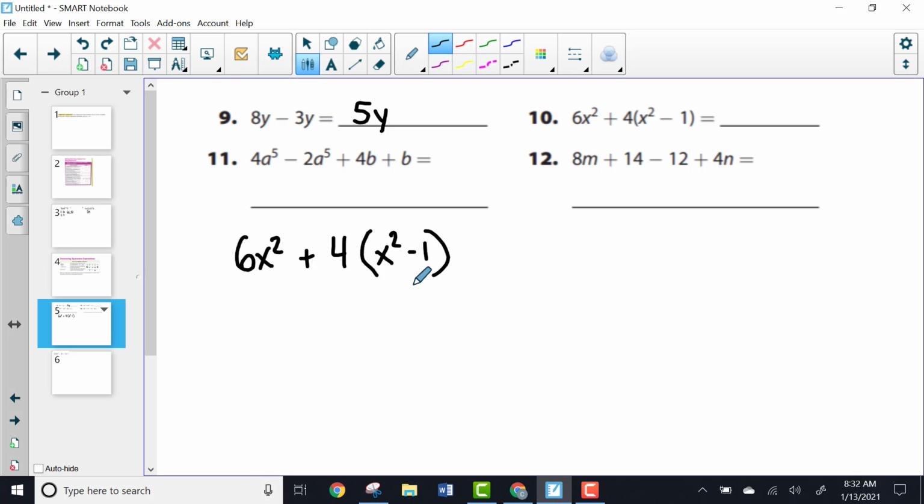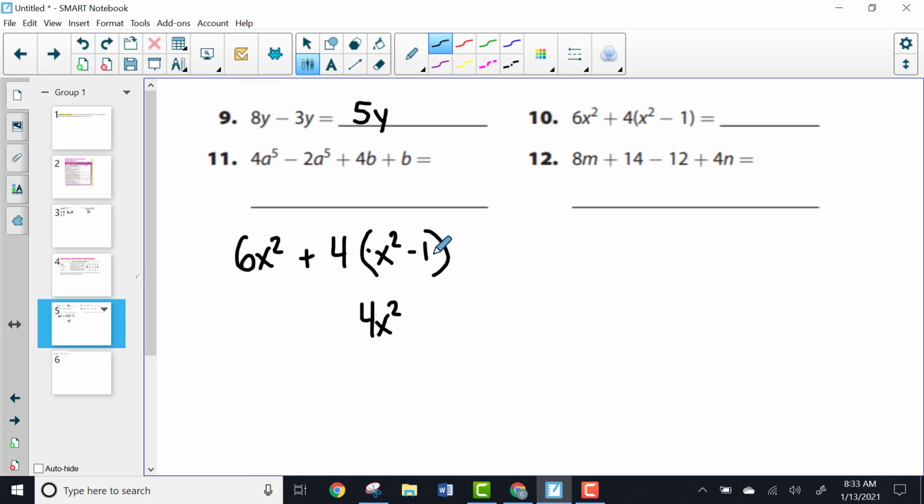So I'm going to use the distributive property here. I'm going to multiply 4 times x to the power of 2. Whenever there's a variable without a number in front of it, it's understood that the number in front of it is 1. So taking 4 times x to the power 2 gives me 4x to the power of 2.